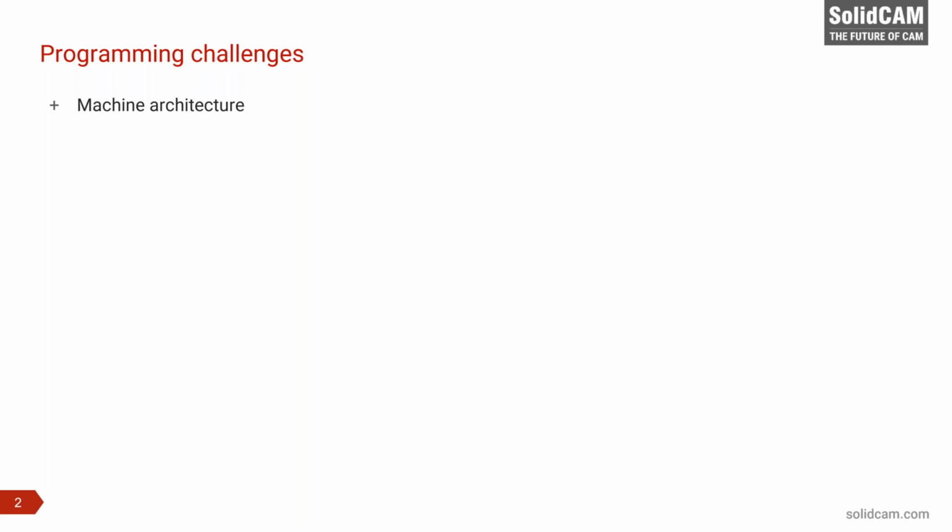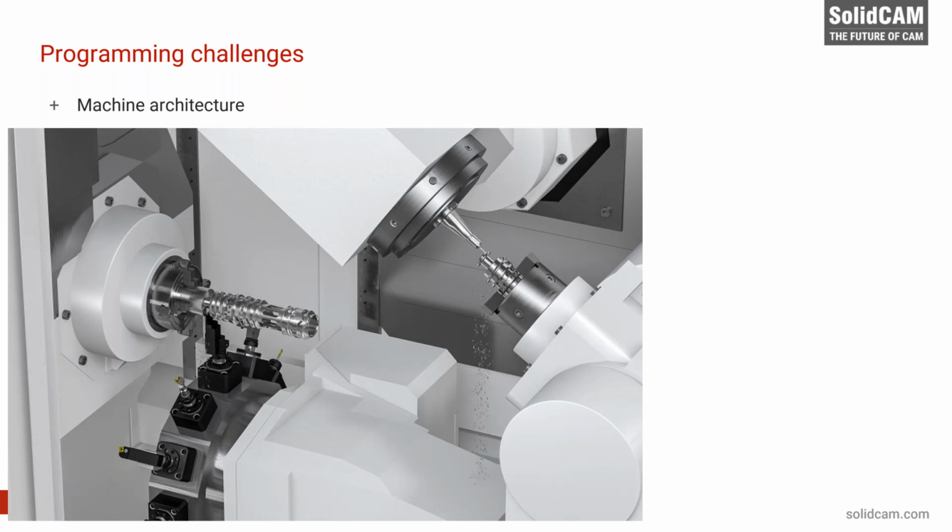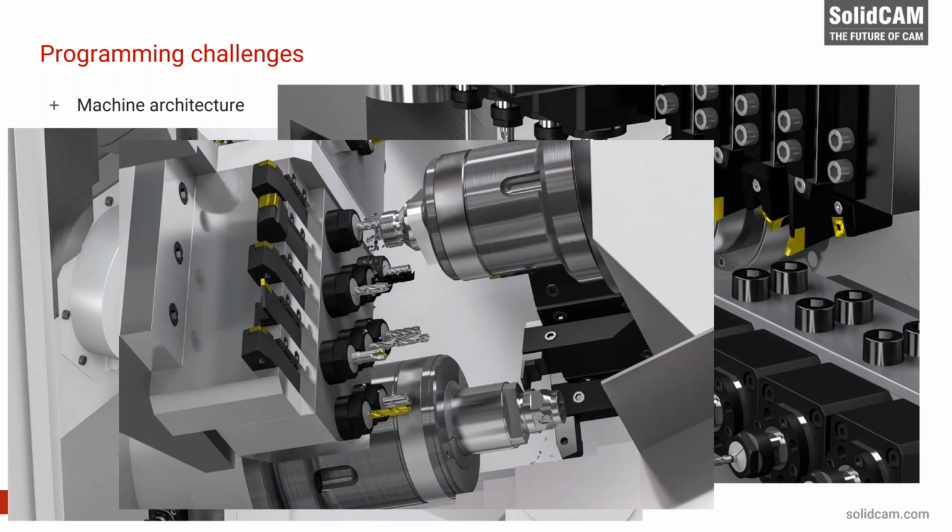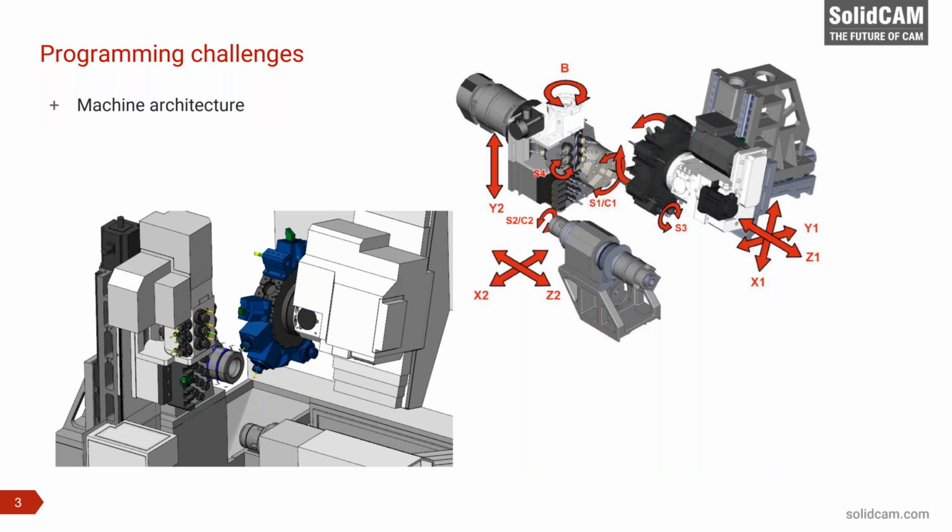And the first issue I would like to pay attention to is the machine architecture. Here I have a couple of slides showing different machine kinematics that you can easily meet on the market today. It looks like there is no limit to how a machine can look and what devices it can consist of.